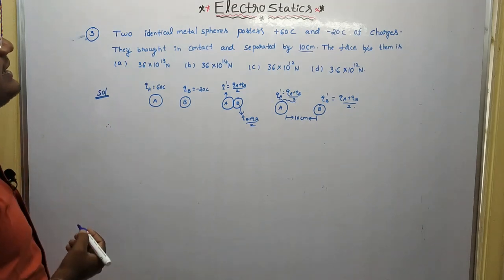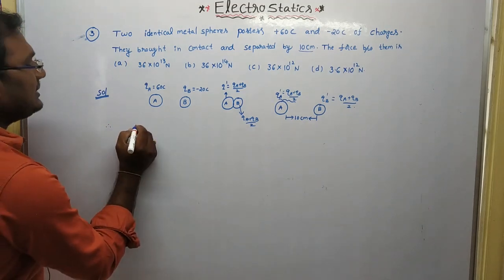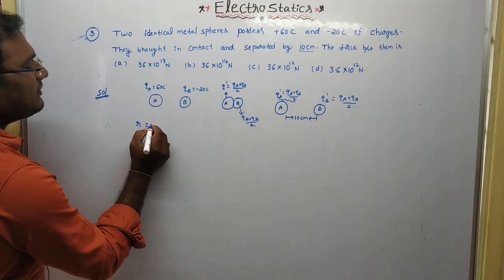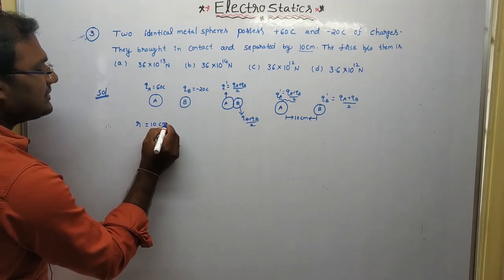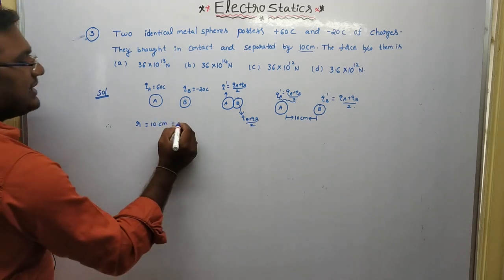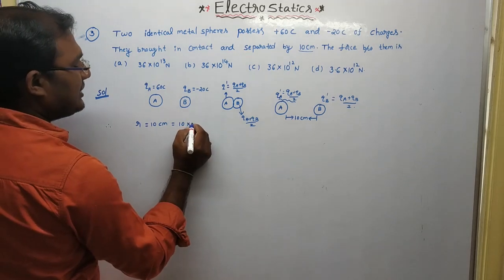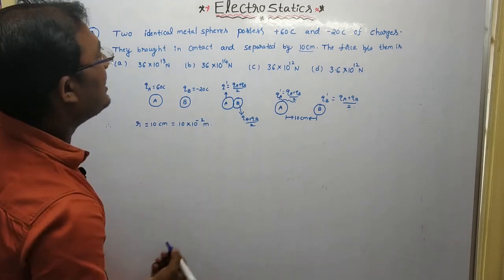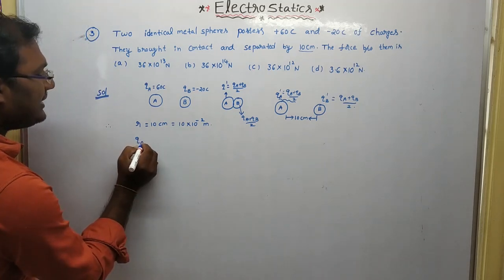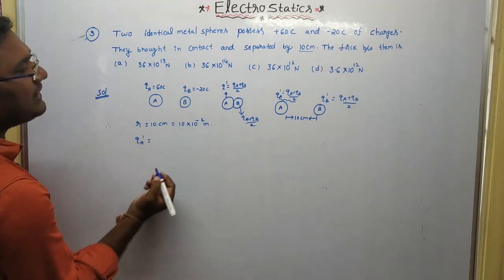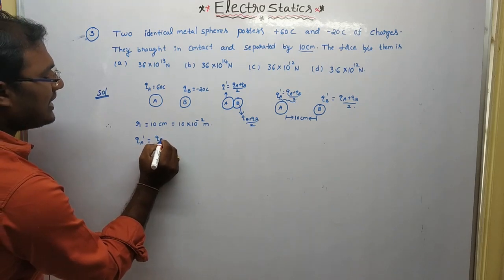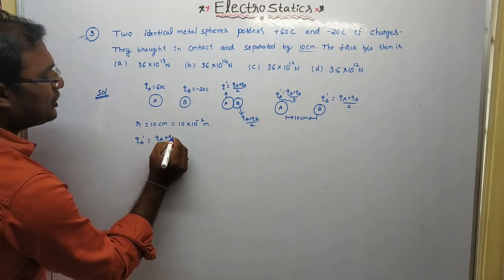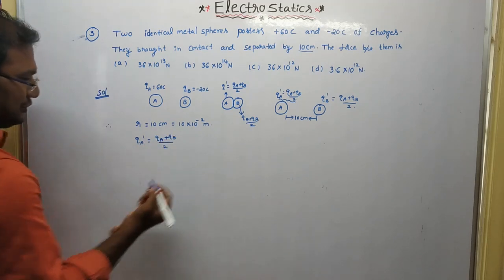Therefore, the given conditions are: the distance between them is 10 centimeters. The centimeters will be converted into meters, that equals 10 into 10 power minus 2 meters. And QA dash equals (QA plus QB) by 2.